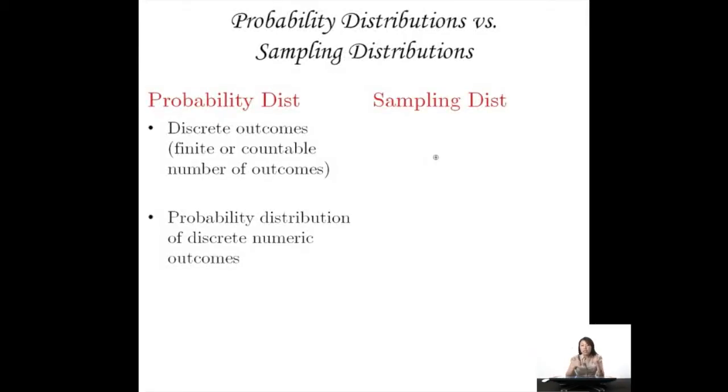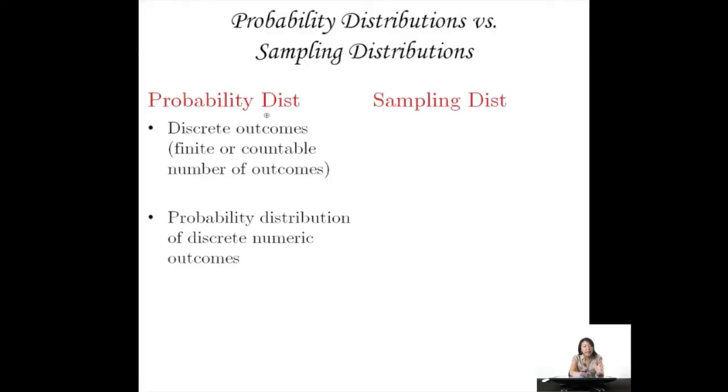Okay, so first let's talk about the difference between probability and sampling distributions. So in probability distributions, we're always looking at discrete outcomes, finite or countable numbers of outcomes. So for example, in binomial distributions, if you have 10 trials, you have 0 to 10 different outcomes as possibilities, right? So that's 11, right?